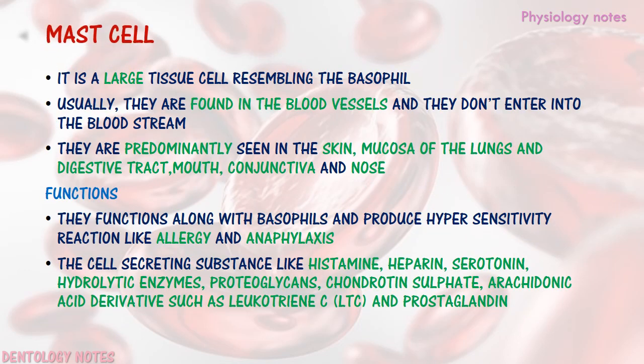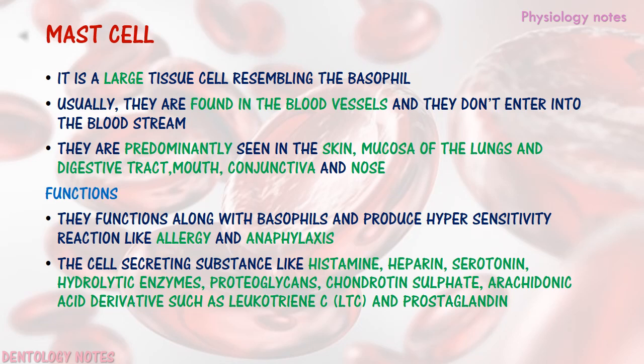Mast cell. It is a large tissue cell resembling the basophil. Usually, they are found in the tissues around blood vessels and they don't enter into the bloodstream. They are predominantly seen in the skin, mucosa of the lungs and digestive tract, mouth, conjunctiva and nose.